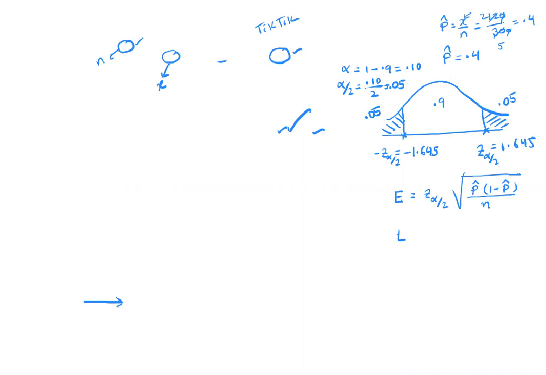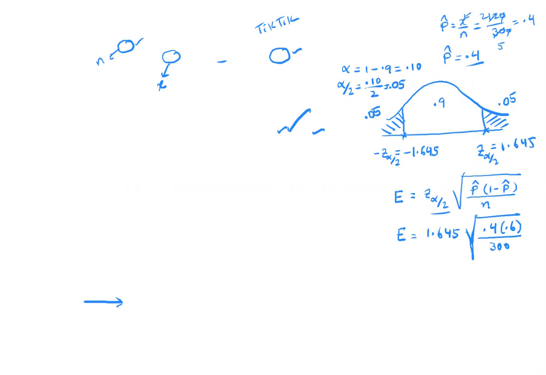So E is going to be 1.645, that's your z sub alpha over 2, times the square root of p hat, which we found to be 0.4. 1 minus p hat is going to be 0.6, 1 minus 0.4 is 0.6, divided by the sample size, which is 300. Remember, this square root is on the whole thing.